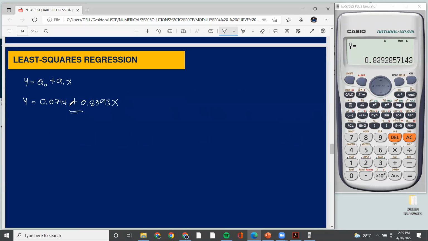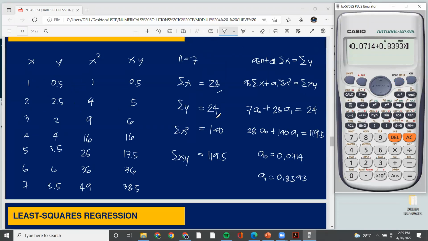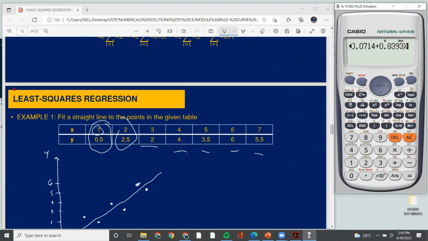So we use this formula to get the corrected y, which we can input in the calculator: 0.0714 plus 0.8393 times x.